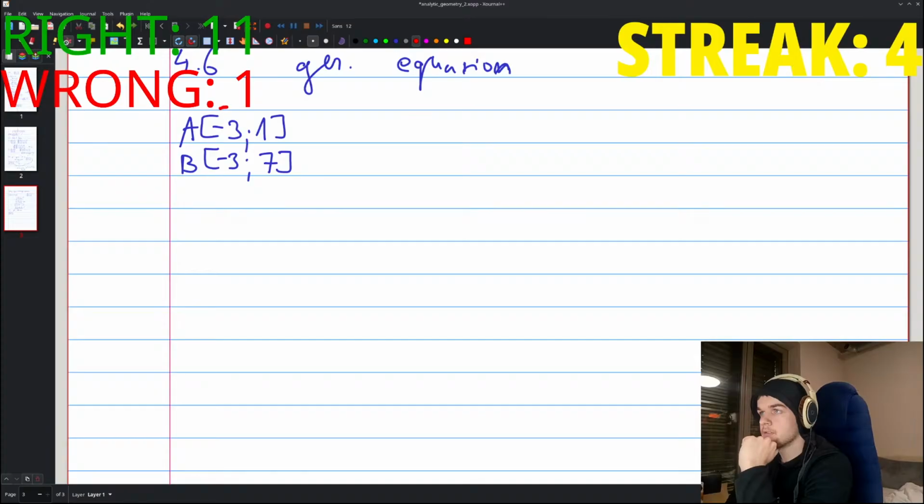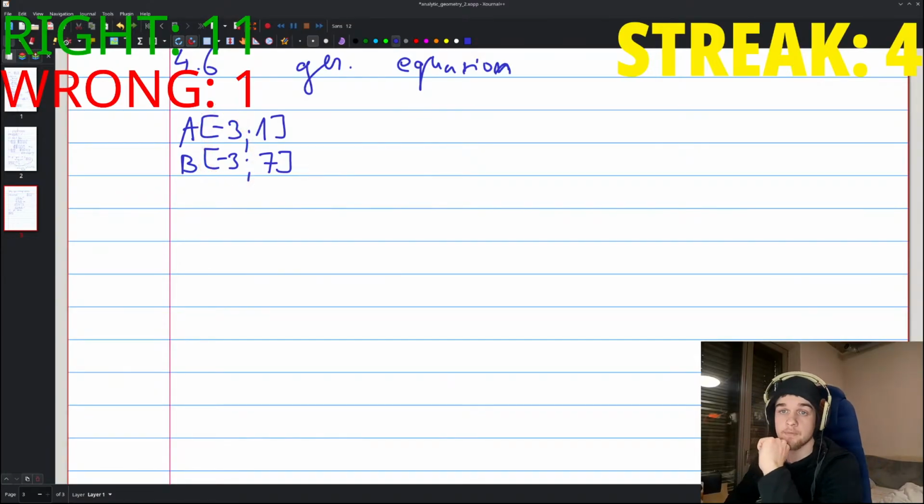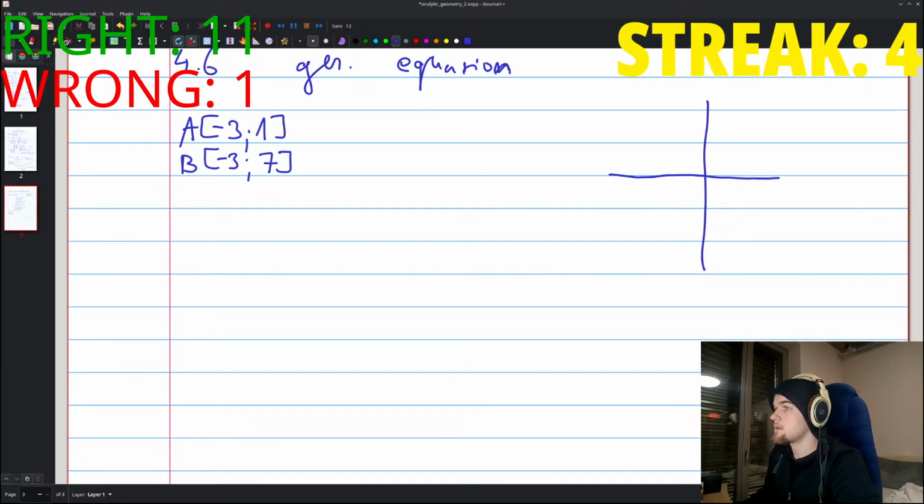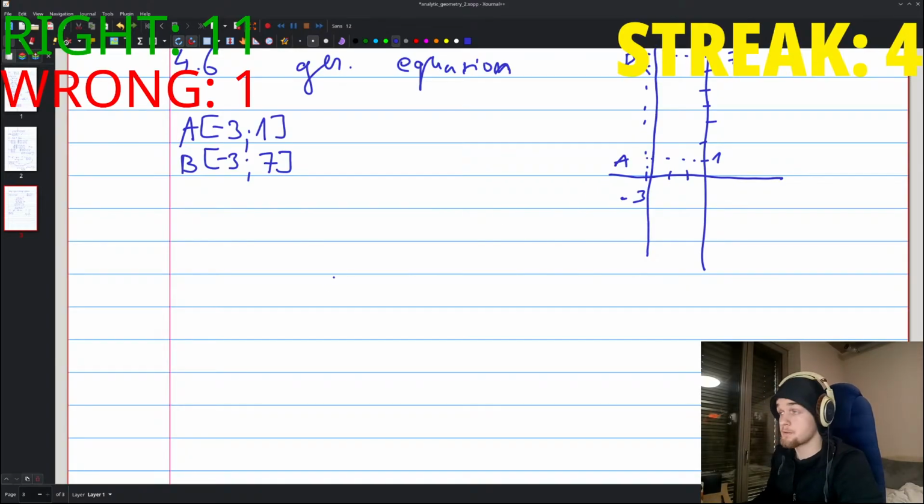Now immediately, what is very interesting is that the x for both points is the same. And since it's a line, not some complex function, minus 3, 1, 2, 3, 4, 5, 6, 7. 1, 7. This just means A, B. This is going to be the function, the line, sorry.